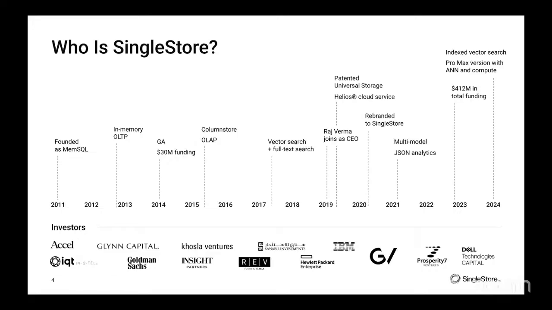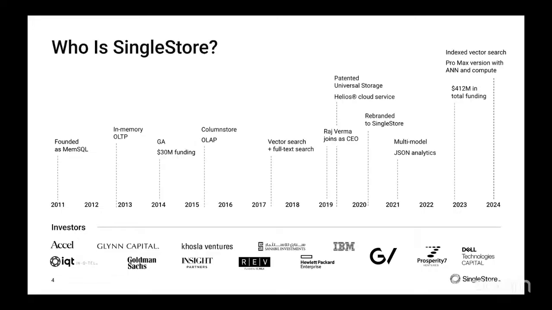Because of its unique, patented unified architecture of how it stores the data, you will be able to achieve real-time analytics on the data as and when it arrives onto your database, with really fast analytics on top of it. The most recent addition, in 2017, even before LLMs were a huge craze, was vector search and full text search.